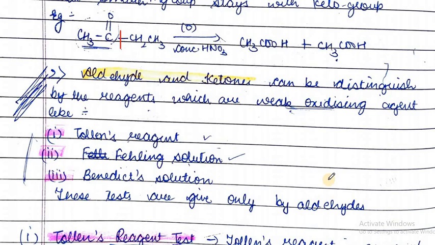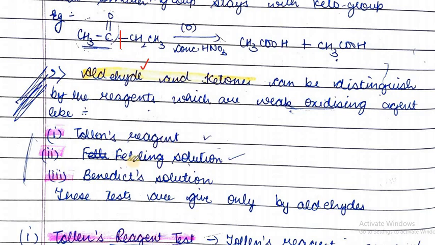Now aldehydes and ketones can also be distinguished by the reagents which are used for their oxidation. As we have discussed, in aldehydes weak oxidizing agents can be used for the oxidation. So Tollens reagent, Fehling solution, Benedict solution are the mild reagents, and these can oxidize only aldehydes.